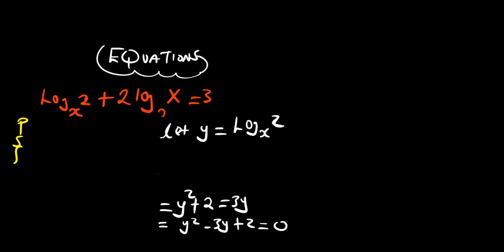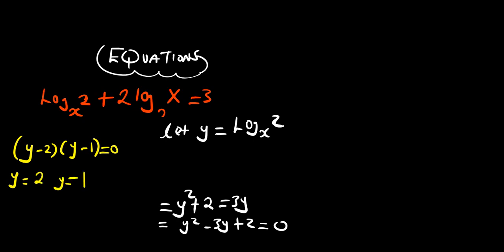So now how do we solve this one? Our job will be now to replace. So we're going to have y minus 2, y minus 1 is equal to 0. Therefore y will be equal to 2 and y will be equal to 1. So these are the values of y. If those are the values of y, what do we now do?